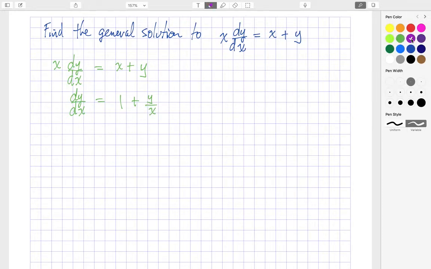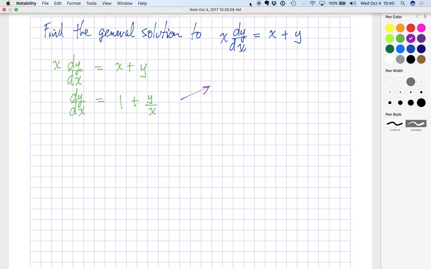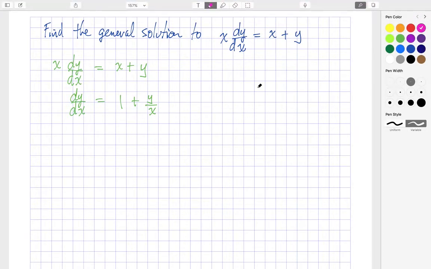And it turns out the following. If you are able to take an expression dy by dx and write it as some function of y over x, that allows you to create a separable differential equation.